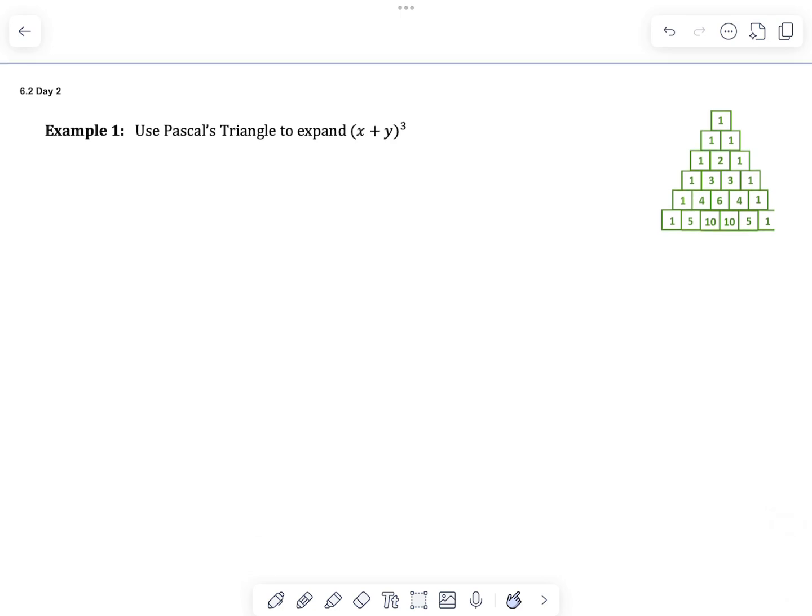Use Pascal's triangle to expand x plus y to the third. So I have a Pascal's triangle up to row 5. First, what we need to do is look at the degree it's going to be expanded to. So then we go to this row of 1, 3, 3, 1.